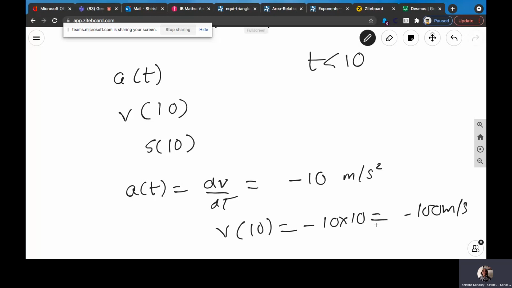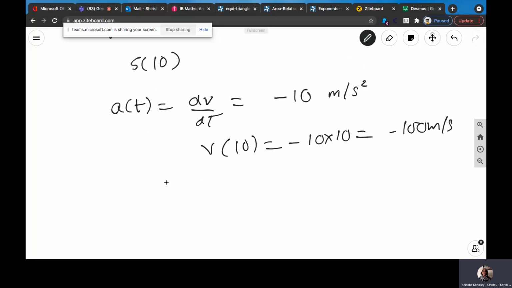Now, why is this minus? It has more to do with the direction. When I'm saying minus 10t, acceleration is acting in the downward direction, and here also I got a minus, meaning I'm considering down as negative and up as positive. That's why I'm taking a negative sign.